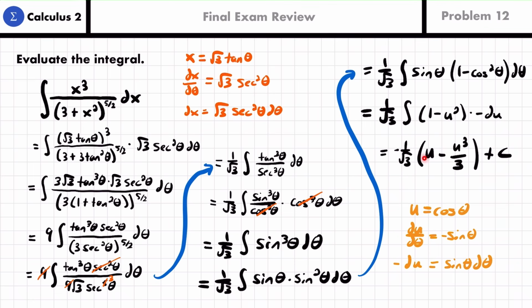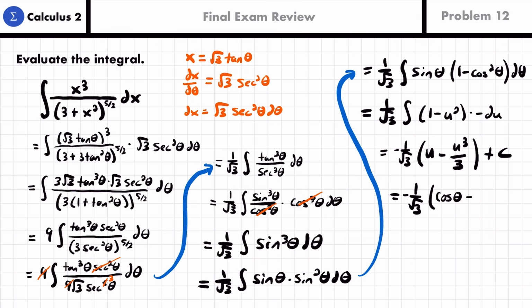We want to substitute back what we set u equal to now that we have integrated, and u is equal to cosine theta. So we want to replace each of those u's with cosine theta. So let's do that here. This will be equal to negative 1 divided by the square root of 3 times cosine theta minus 1/3. I'm just going to pull that 1/3 out front, and that's multiplied by cosine cubed theta plus c.